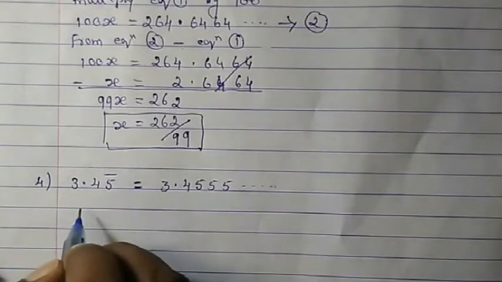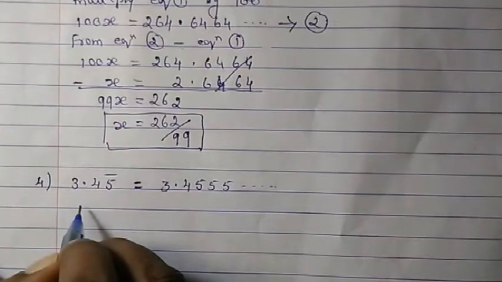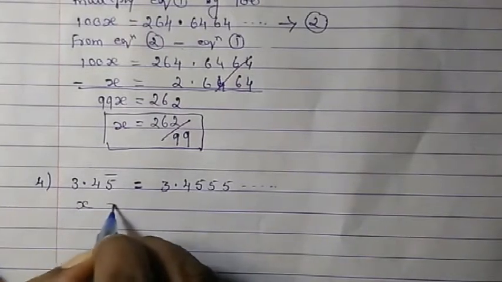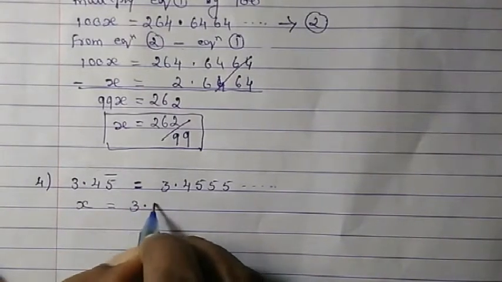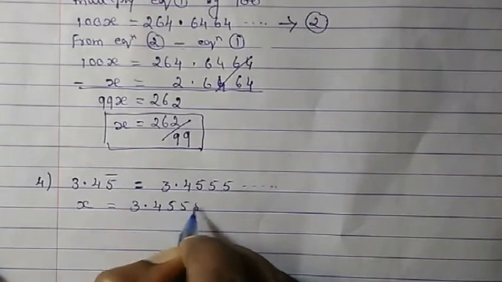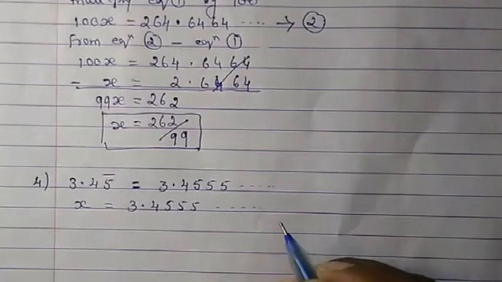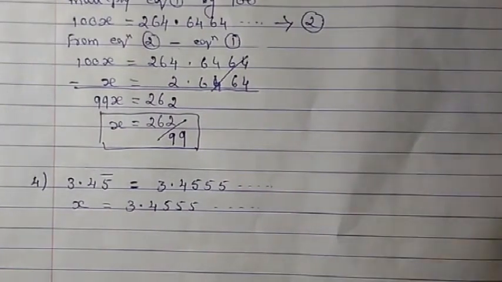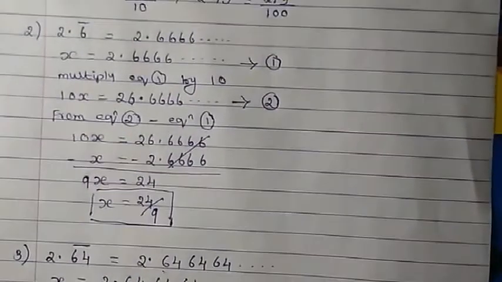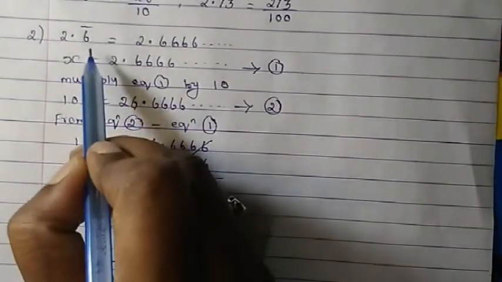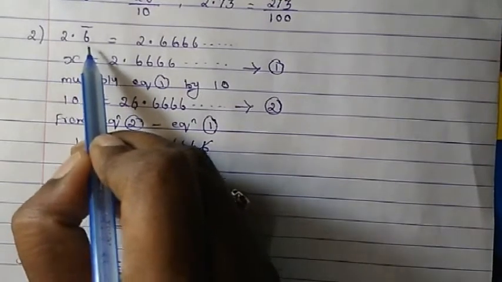So let's begin. Consider this as x equal to 3.455, with 5 being repeated. Now recall the example we did earlier, where 1 digit is being repeated. What did we do?